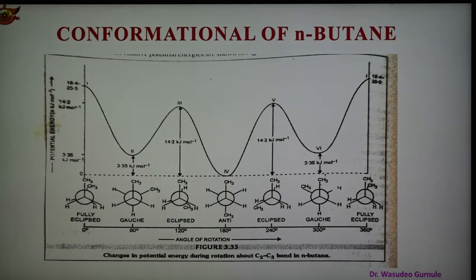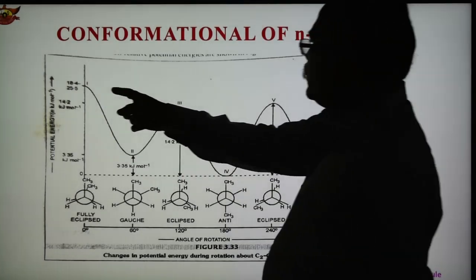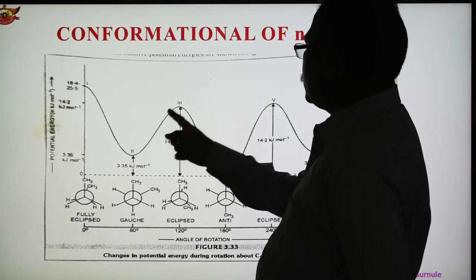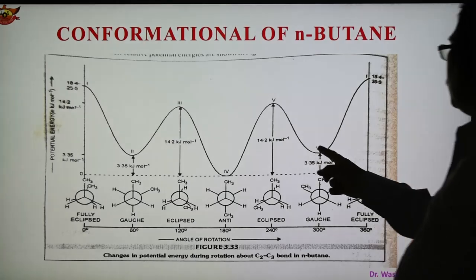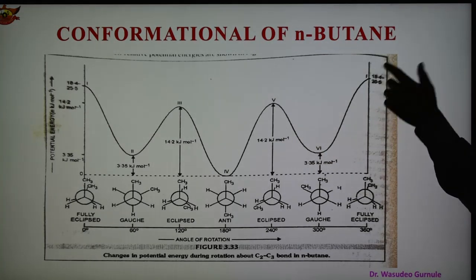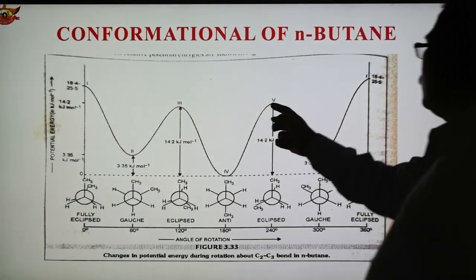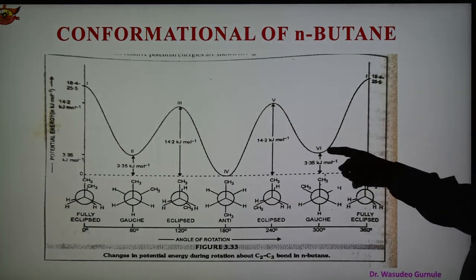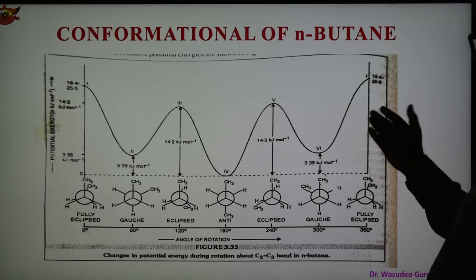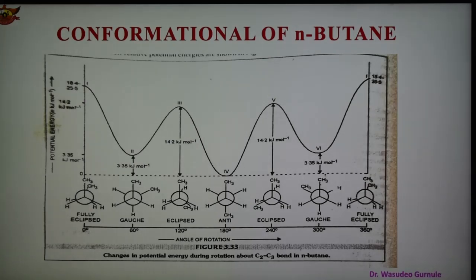What the energy is and which is more stable is shown here. So this is structure 1, structure 2, structure 3, 4, 5, 6, and again 1. In this way 6 conformers are there. Here 6 and 1, again it comes to the original position.